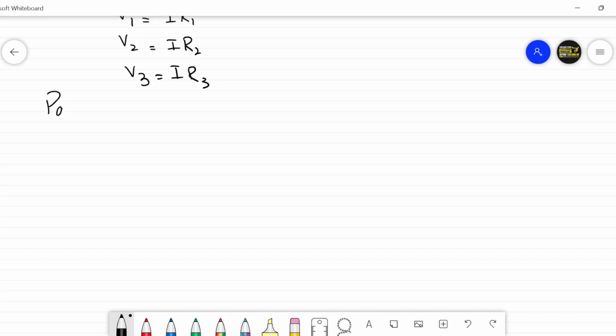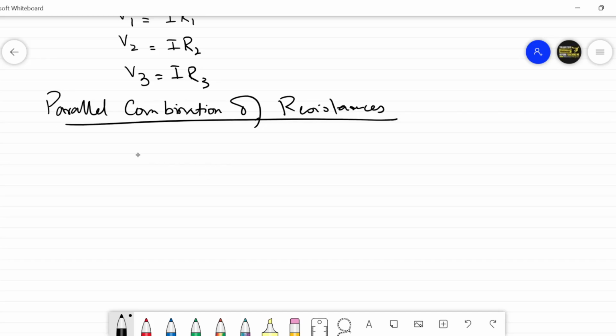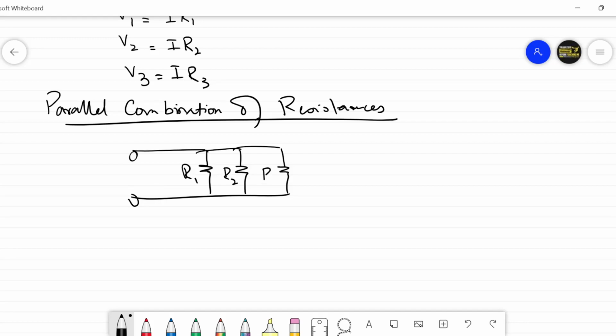Similarly, we have the parallel combination of resistances. We have a number of resistances that are actually combined parallel to each other, or you can say in a cascaded manner like this.